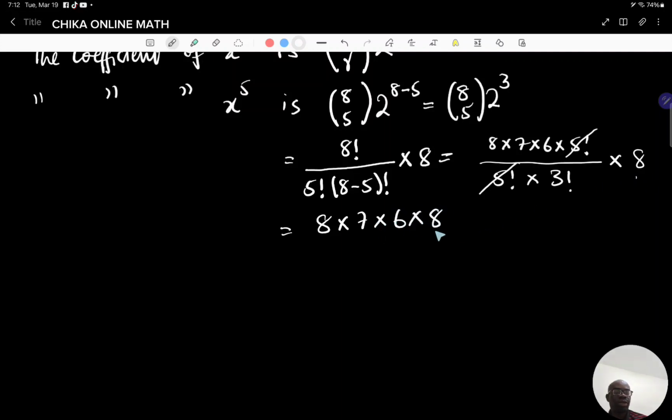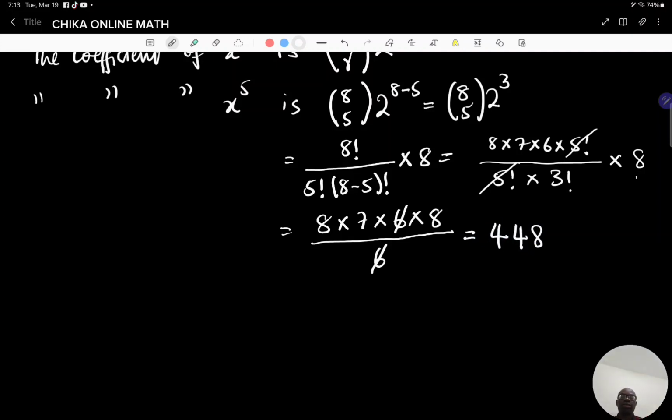This 8, we'll bring it up here, all over what? 3 factorial. And what is our 3 factorial? 6, okay? So 6 will divide 6, okay? So what will remain will be what? 8 times 7 times 8. And what is 8 times 7 times 8? You agree with me that it's nothing but what?